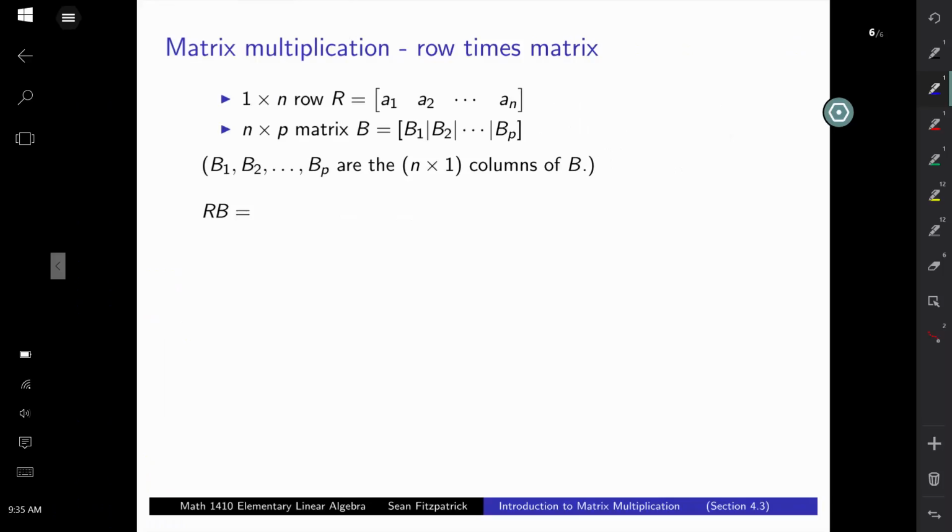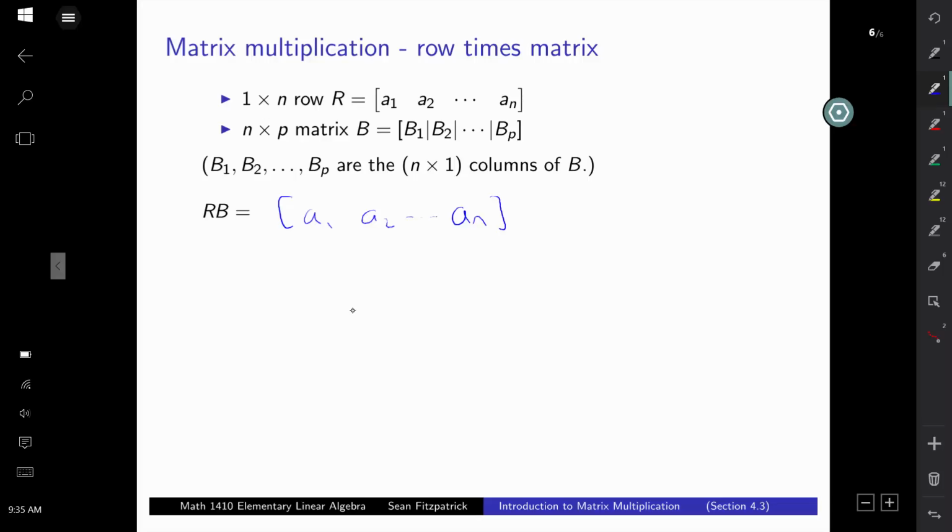Now the other thing you could think about is doing a row times a matrix. This is something that you'll see less often. But if you want to, you can think about doing a row times a matrix. So A1, A2, down to AN, right? And we know how to do a row times a single column.